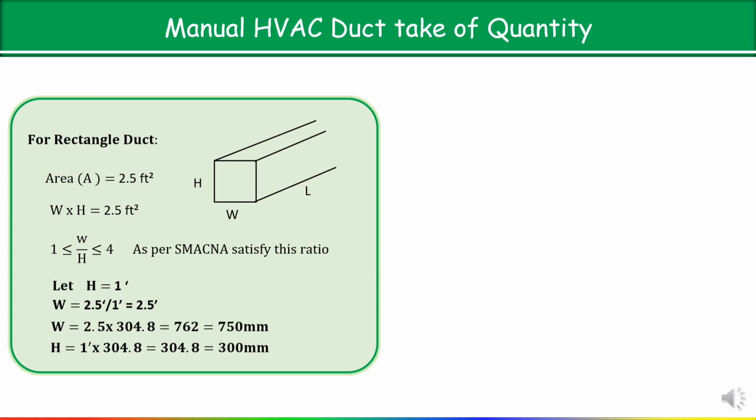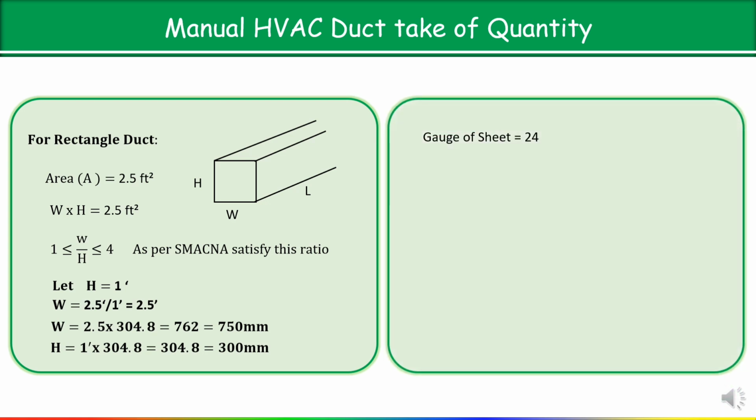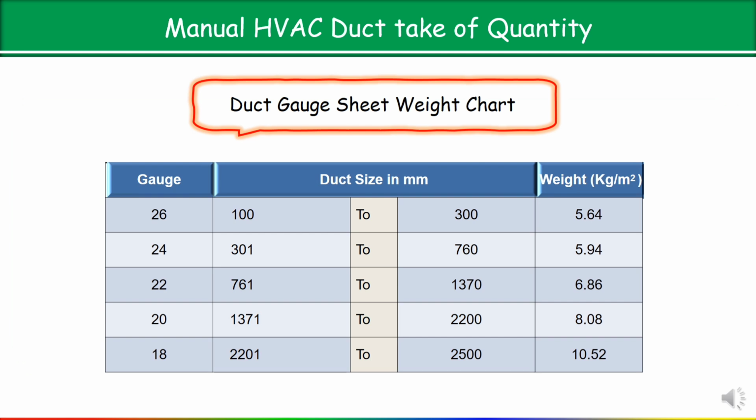In the same way, let's say if you want to calculate the gauge of sheet, if I ask you how much gauge of sheet we need. In this case you can see the size is coming 750 mm width. So for that, what gauge of sheet? 24. From where? From the table. You can see the duct gauge sheet width chart.